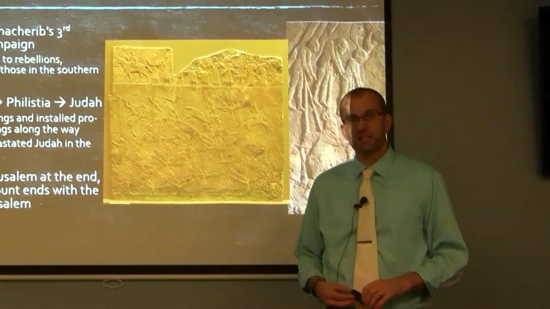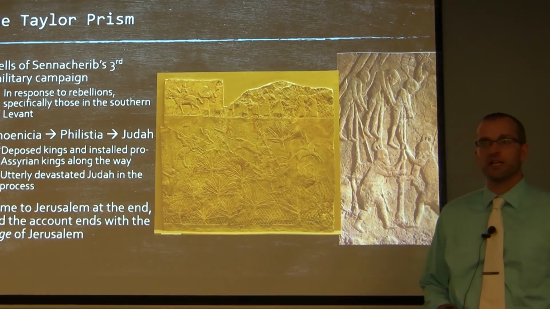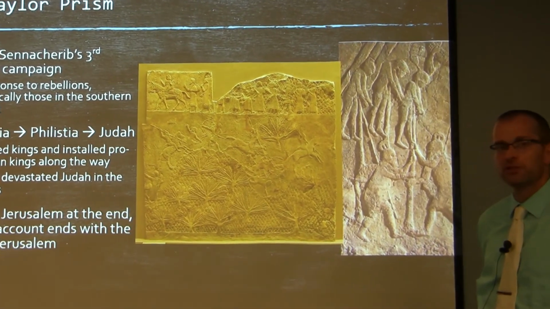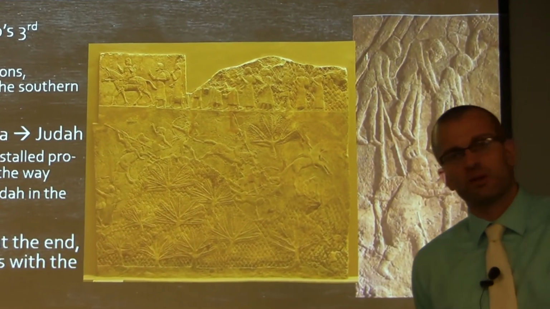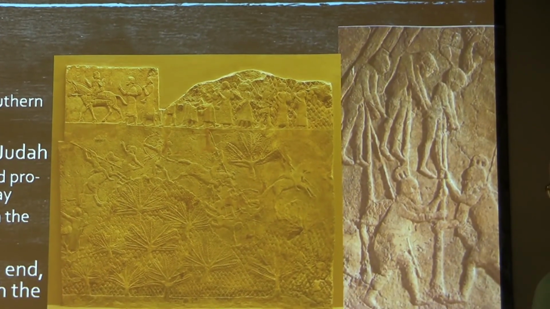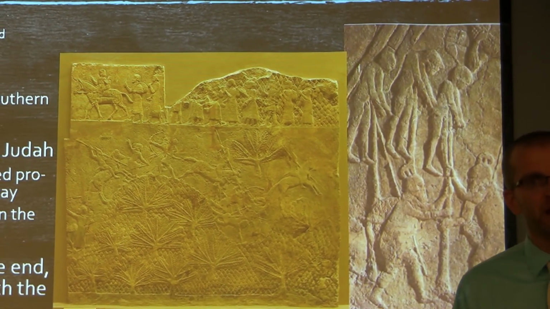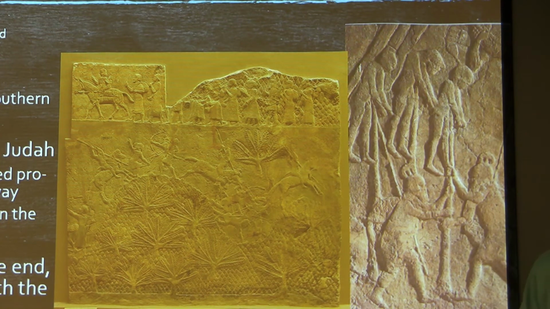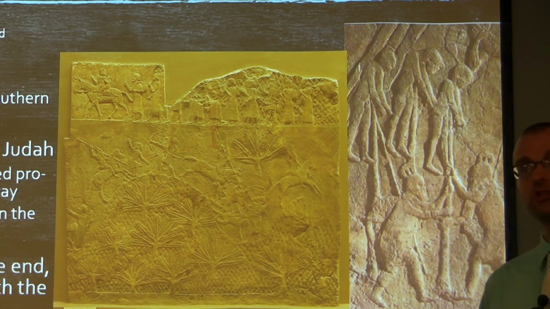And Lachish, as I've mentioned in a previous lecture, is one of the major administrative centers in Judah. Remember, at this time, Israel is no longer existing. There is no Israel. Israel was sacked and deported in 722. 701, it's just Judah. And so Lachish is a very, very important center. And it appears that Sennacherib makes his camp right outside of Lachish, and he destroys Lachish.